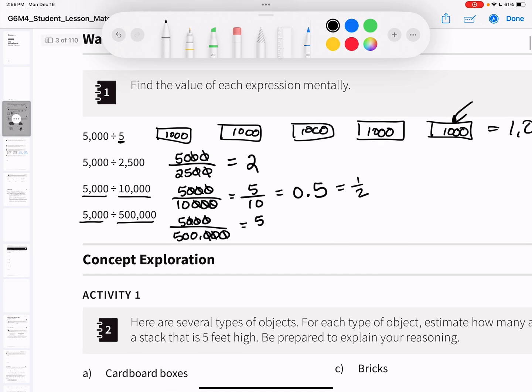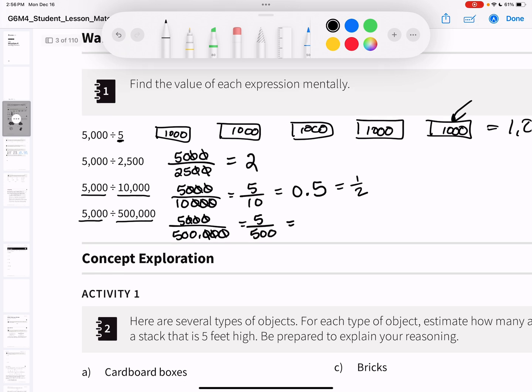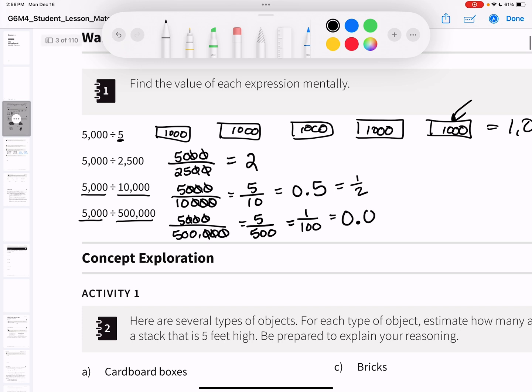So that's like 5 divided by 500. Okay, so I can then reduce that 5 divided by 500 because 5 goes into both of those, and that leaves me 1 over 100. And I know how to change that into a decimal, so that would be 0.01 because I need that 1 in the hundredths place value.